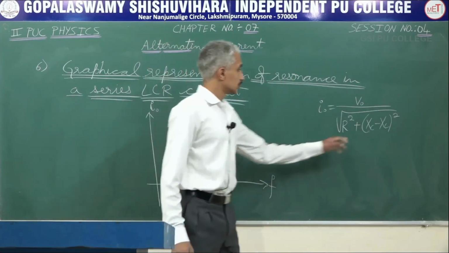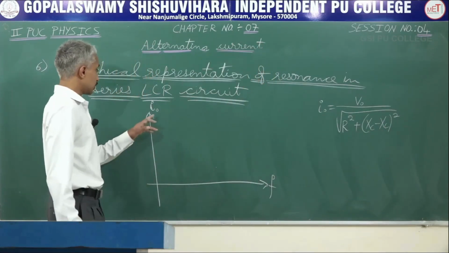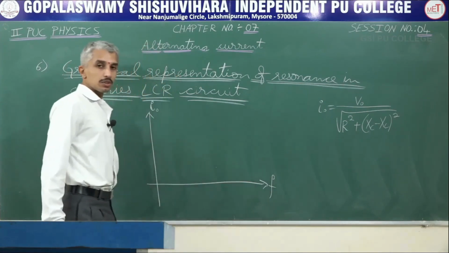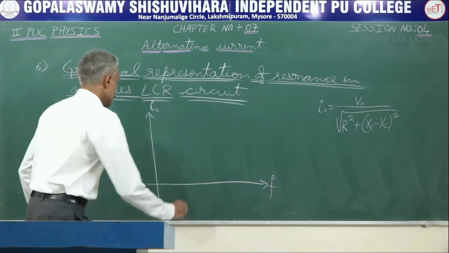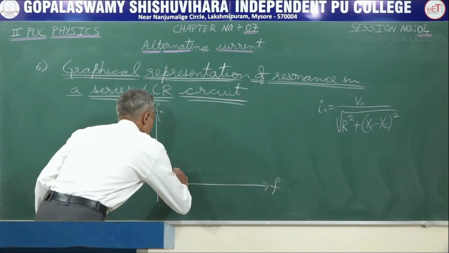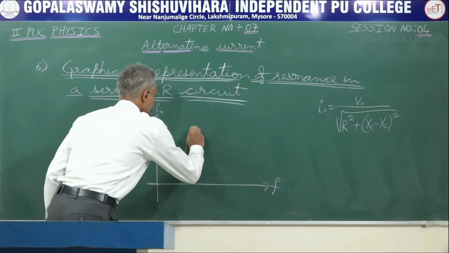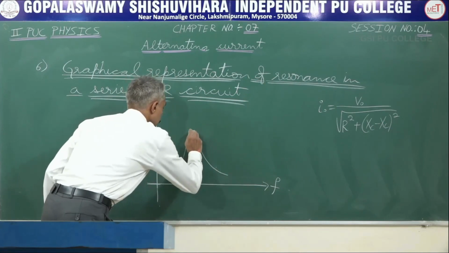So at resonance, they both will be equal and this gets cancelled. So what happens if you draw a graph of the peak current I naught versus the frequency in the circuit? Keep the voltage the same, but you can keep on changing the frequency of AC. As you increase the frequency, the current keeps increasing initially, and at resonant frequency it reaches maximum, and again if you increase, the current keeps decreasing.